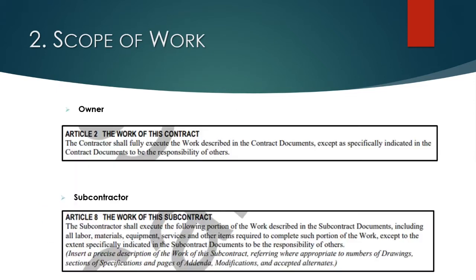In terms of the scope of work from the AIA documents, this is an example of Article 2 and Article 9, which, as you can see from the prime contract example, is pretty vague here. It refers back to the contract documents. Again, specificity is key here. If you can include an addendum that spells out the scope of work, whether it's in the prime contract or the subcontract, strive for that.